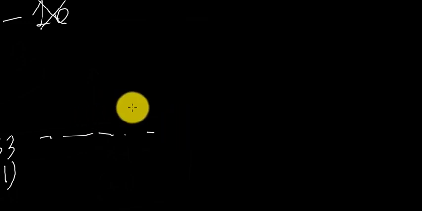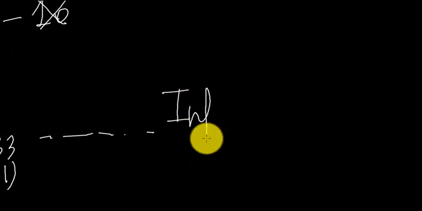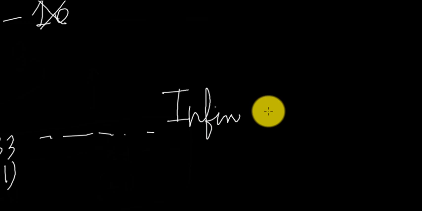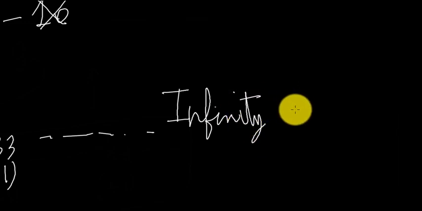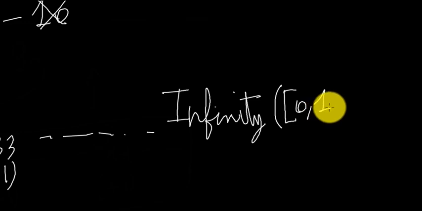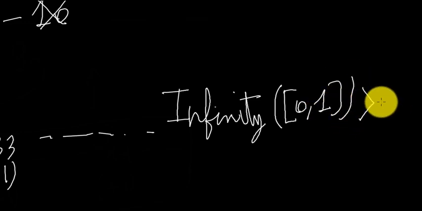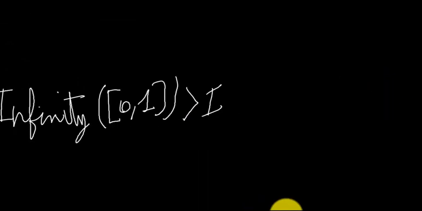So basically, here we just assumed the 0, 1 set, so we used only the 0, 1 set. So the infinity of 0, 1 is bigger than the infinity of the integers.